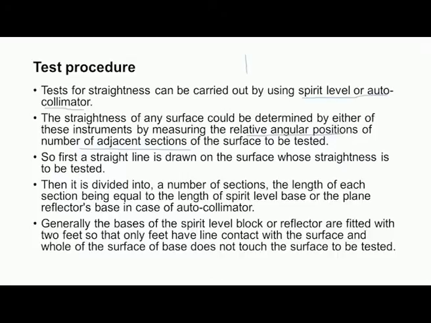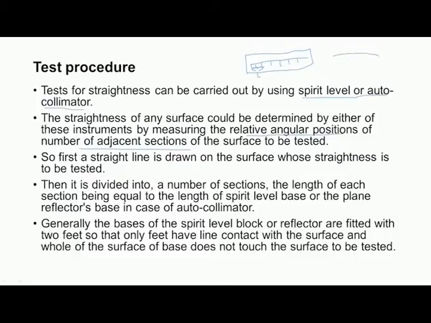So, this is the surface to be inspected, and here we have to draw a straight line, and then we have to divide this straight line into a number of equal parts, and the distance between two adjacent lines being L. So, this distance is L, where L is the distance between the 2 feet on the base of the spirit level.